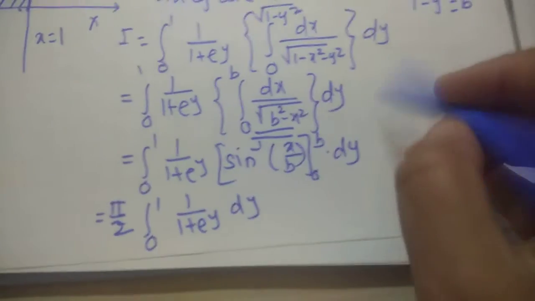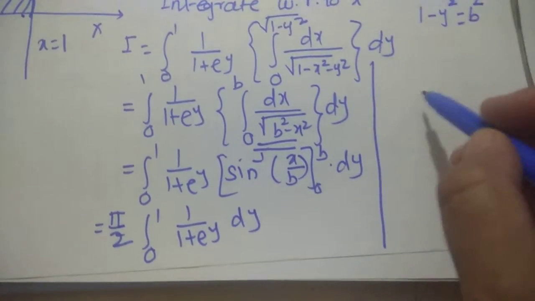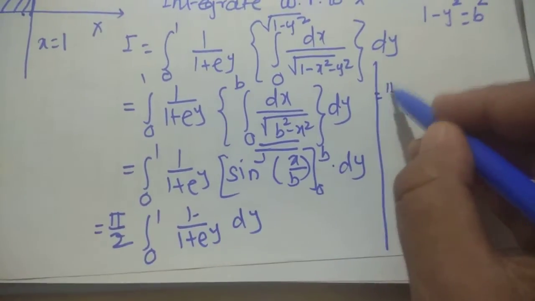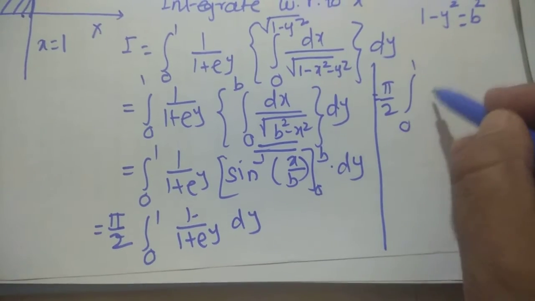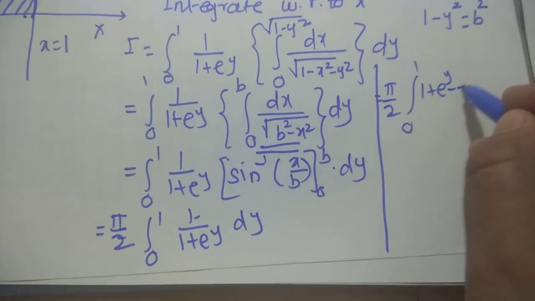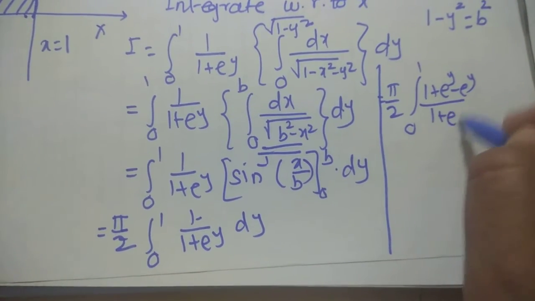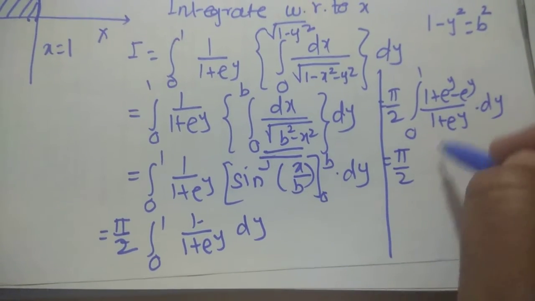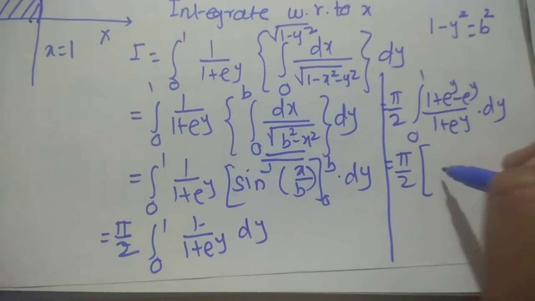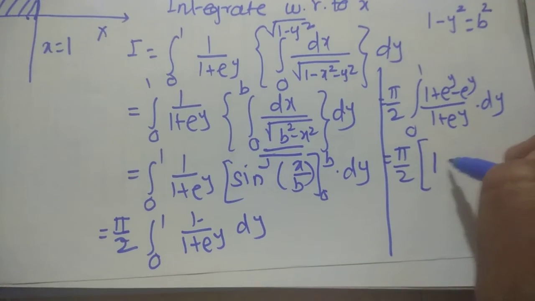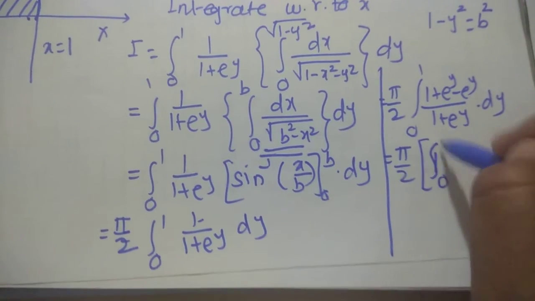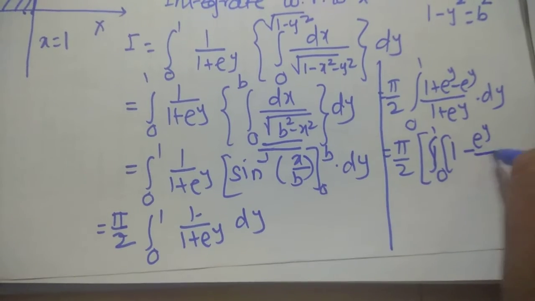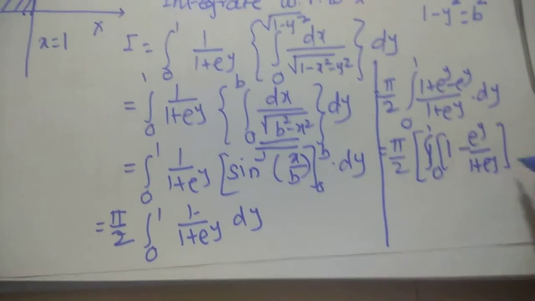Now let us solve this integration of 1 upon 1 plus e raised to y. We have to add 1 plus e raised to y and subtract e raised to y. So pi by 2 times integral from 0 to 1 of 1 plus e raised to y minus e raised to y upon 1 plus e raised to y, dy. On integrating, 1 plus e raised to y upon 1 plus e raised to y is 1, so it is the integral from 0 to 1 of 1 minus e raised to y upon 1 plus e raised to y, dy.